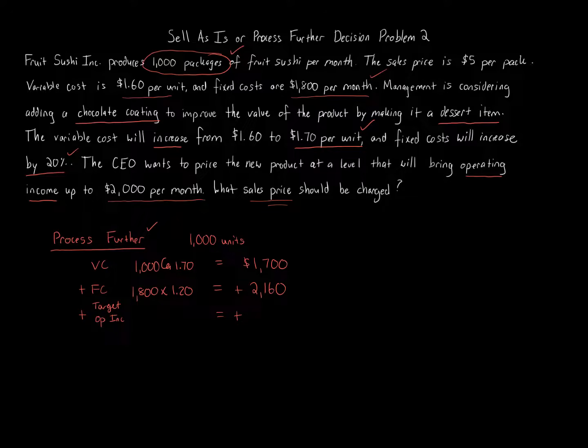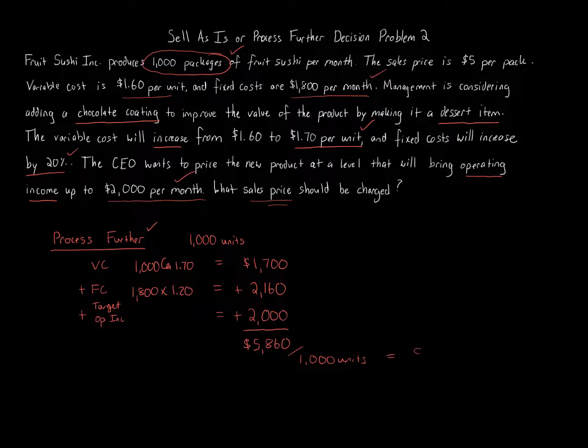We have $2,000 of operating income we have to add in. We're told $2,000 is the operating income we're seeking. Think of that like profit. We add together those numbers, and we're going to get a total of $5,860. So assuming we're selling 1,000 of these packages of fruit sushi covered in this chocolate coating, if the CEO is trying to seek a $2,000 operating income, we would take the total of $5,860, which includes the target operating income of $2,000, and we're going to divide that by 1,000 units sold.